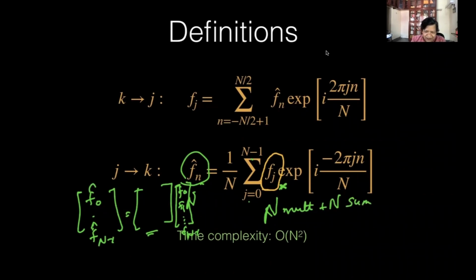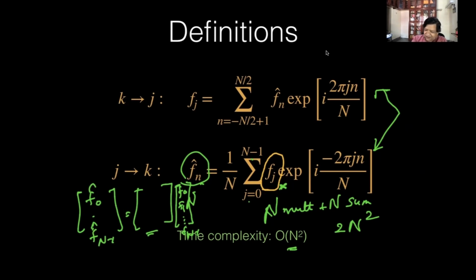But there are n of such things. So it is 2n squared real operations: n squared multiplications and n squared summations. So the time complexity, if I just do it naively this way, is order n squared. Order n squared for large n is expensive.